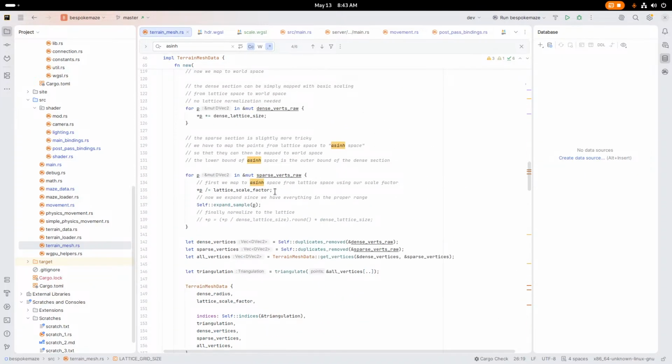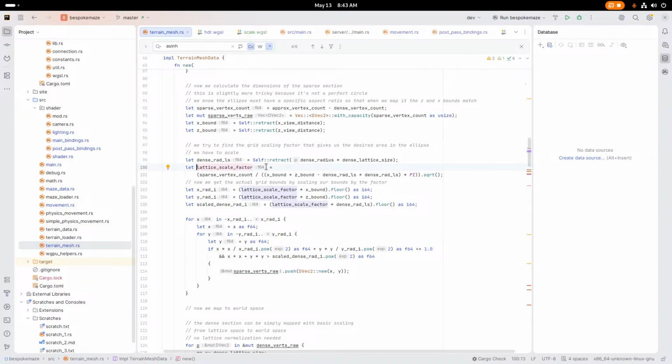scale. Which is the lattice scale factor. I forgot about the lattice scale factor.